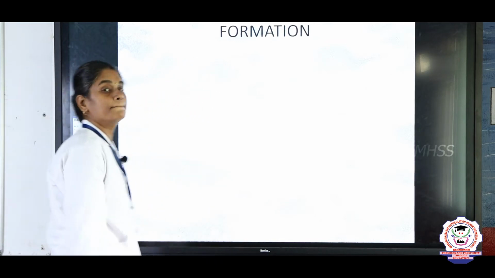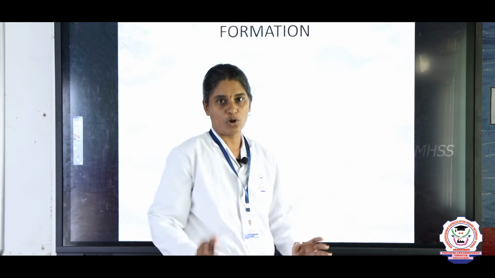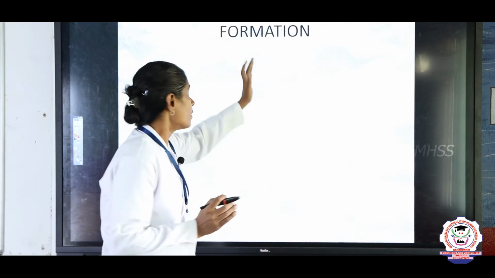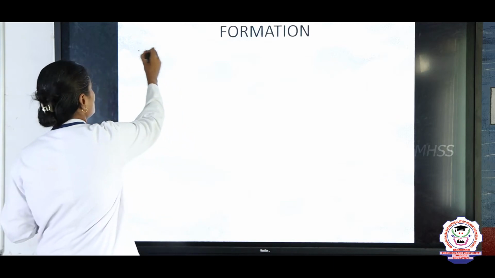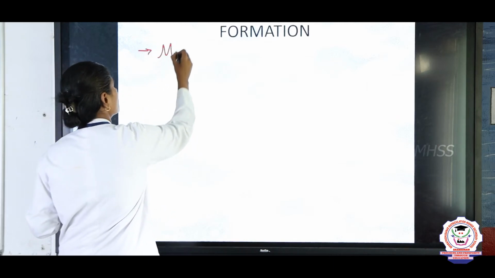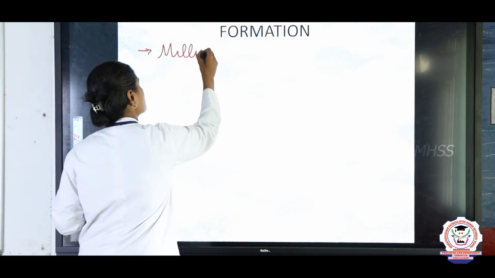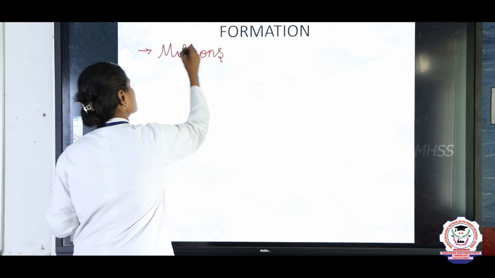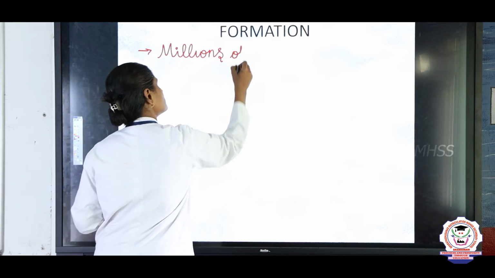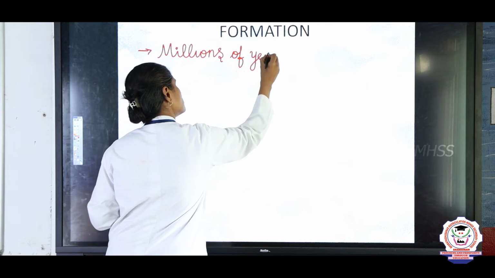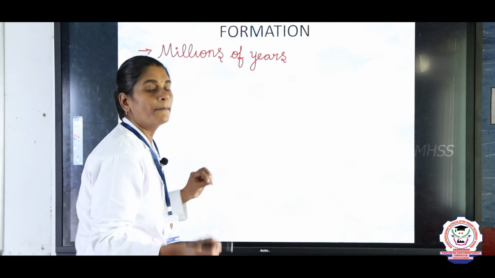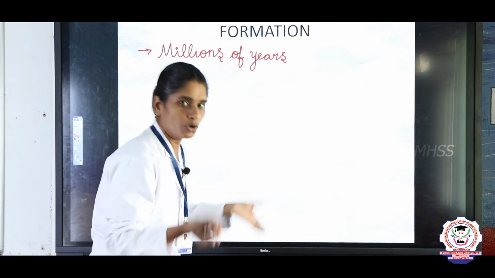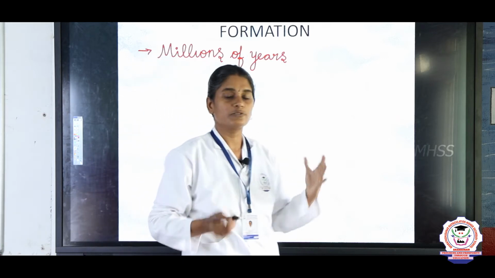Soil is formed by the breaking of big rocks. This formation of soil takes millions of years. How many years? Millions of years. Soil is formed by the breaking of big rocks. Earlier earth was full of rocks.